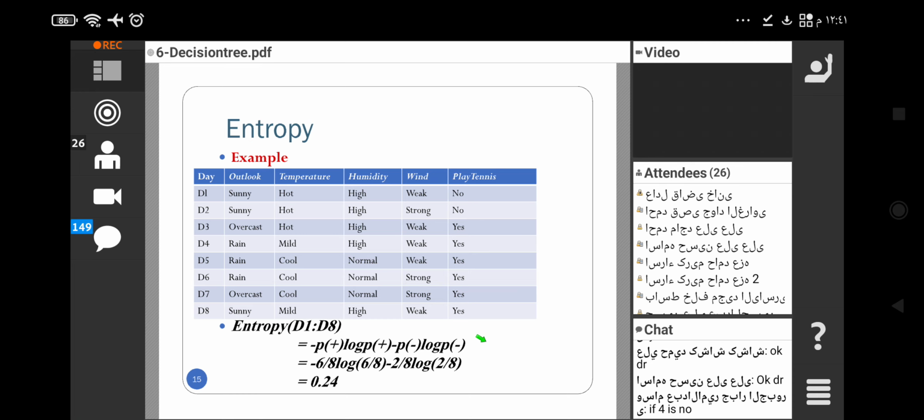Okay, and the worst situation is when half of the data is no and half of the data is yes. That's the worst situation. In this situation, the entropy would be 1. And this is the worst situation for entropy.